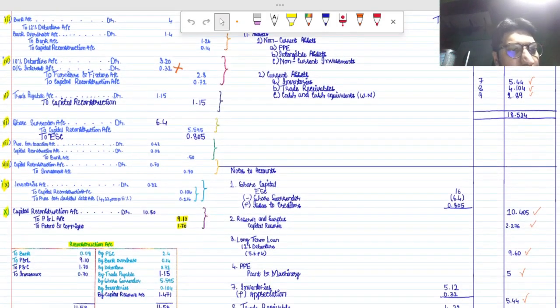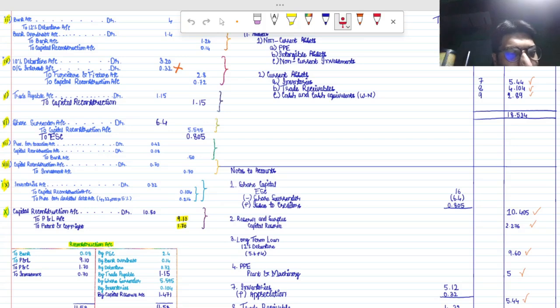The next entry is share surrender account debit to capital reconstruction and equity share capital. The seventh entry is provision for tax, capital reconstruction to bank, and the eighth entry is capital reconstruction account debit to investment, and the ninth entry is inventory account debit to capital reconstruction and provision for doubtful debt.